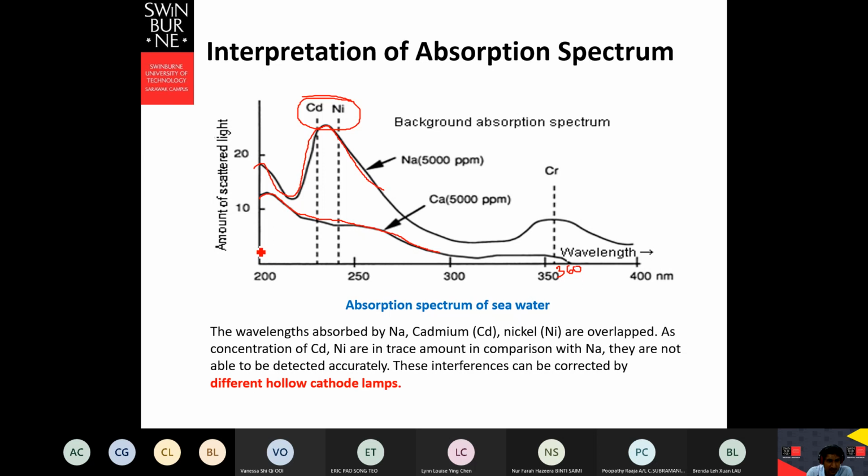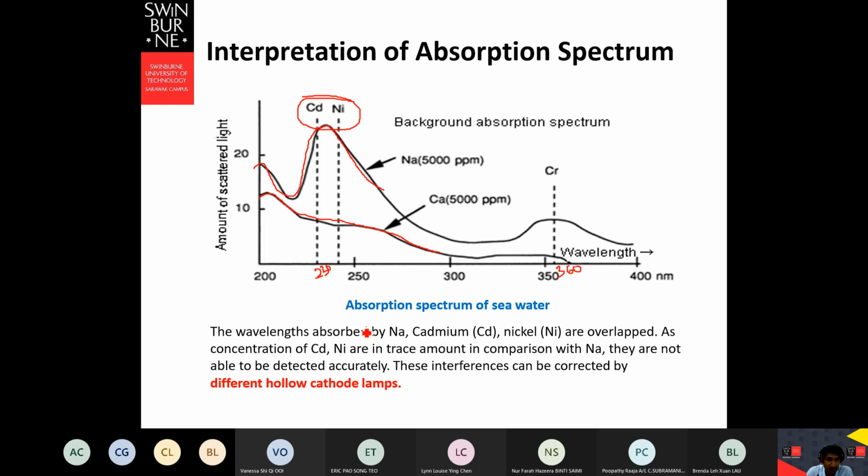Cadmium absorbs around 230 and 240, maybe the nickel is absorbing there. If we try to do the analysis using a normal spectrometer, we will not be able to find out the cadmium and nickel concentrations in the water.